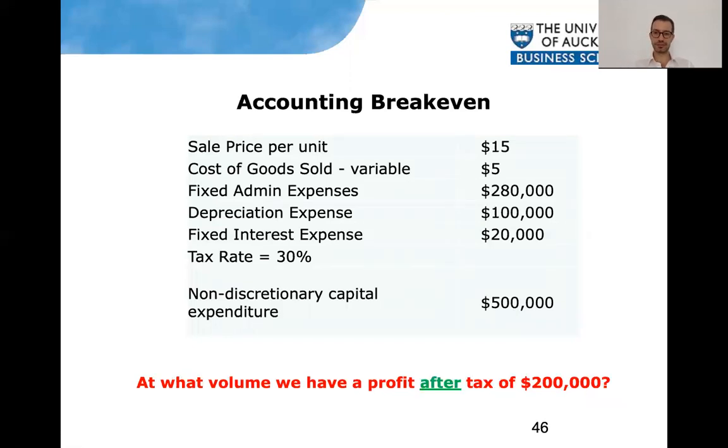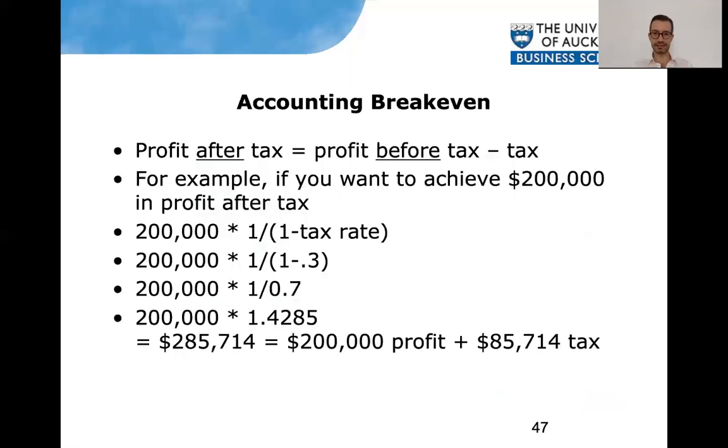The calculation will change if we want a profit after tax of $200,000. Because in this case, what we need to do is understand how much tax we would be paying to have a profit of 200,000, okay? And so the calculation for this is basically following this formula.